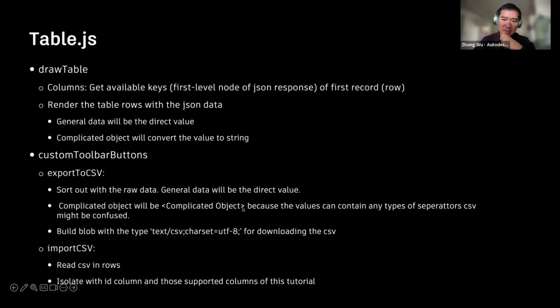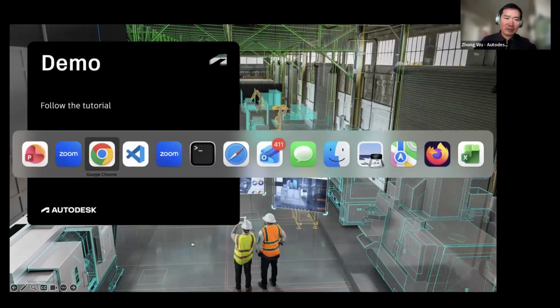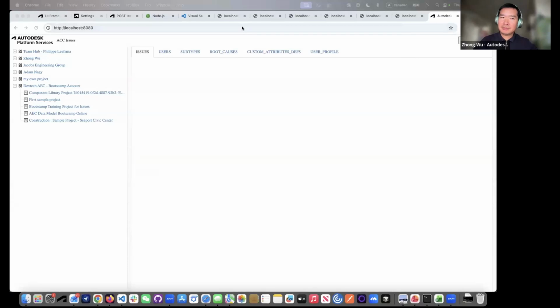You can still handle that by yourself, because some complicated objects include symbols which cannot be passed by the CSV file. And for import CSV, we will import the issues from the CSV file in raw. Okay, let's go to the demo session.